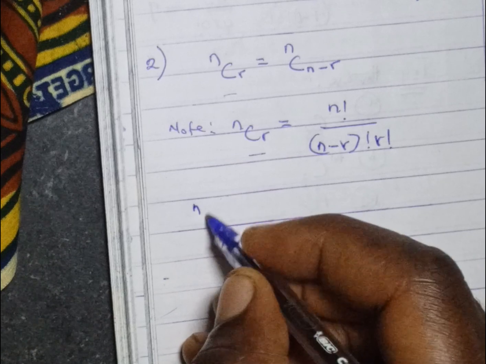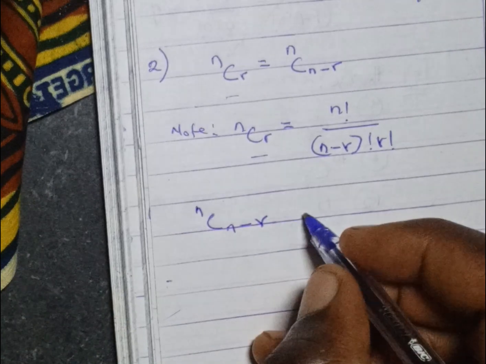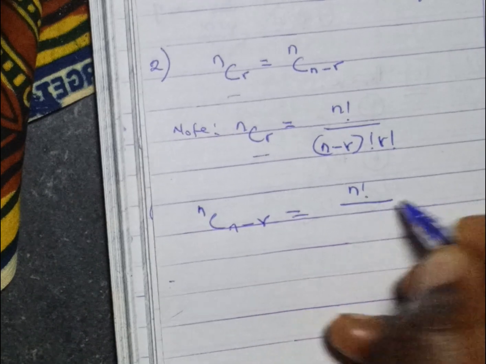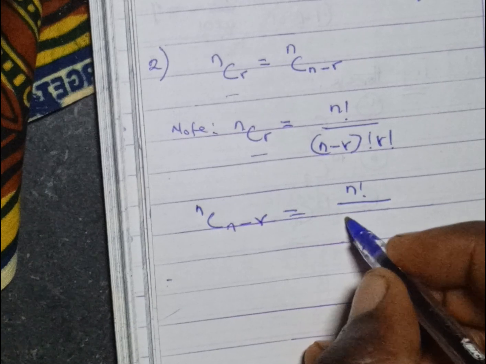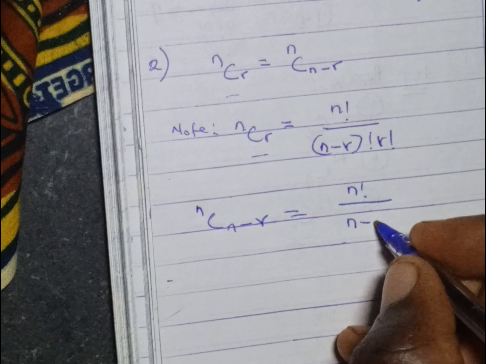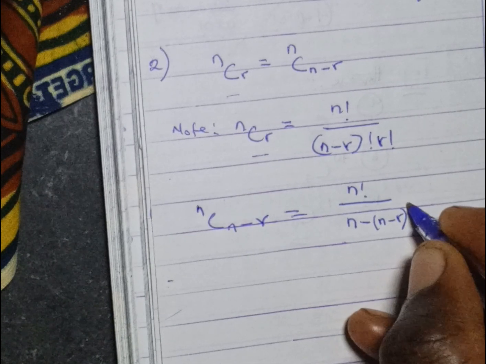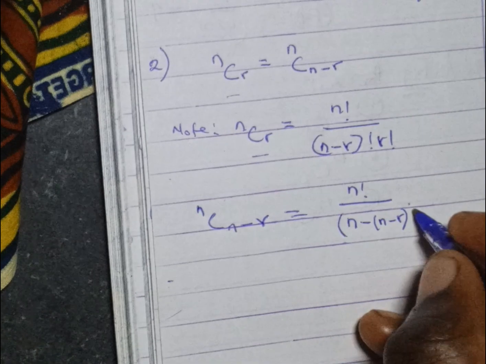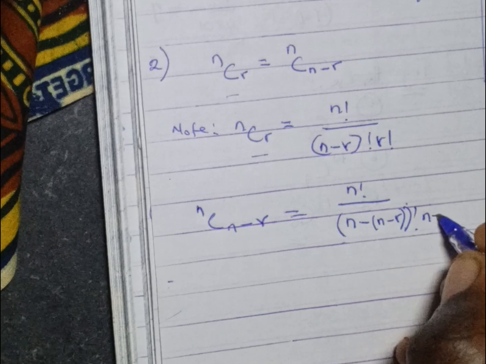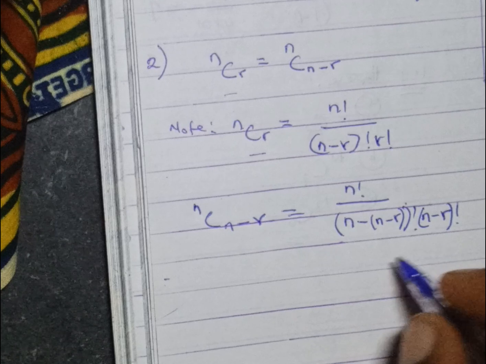If you have n combination n minus r, it's going to be n factorial, then n minus, in brackets, n minus r factorial, then n minus r factorial.